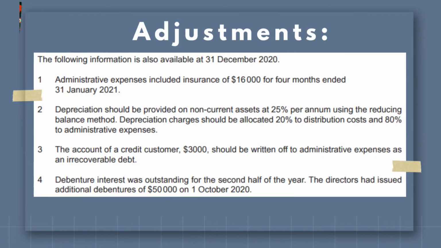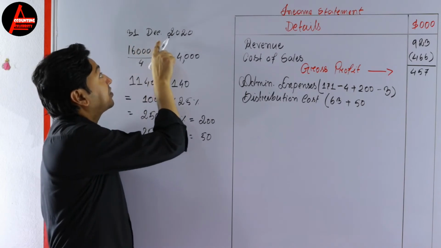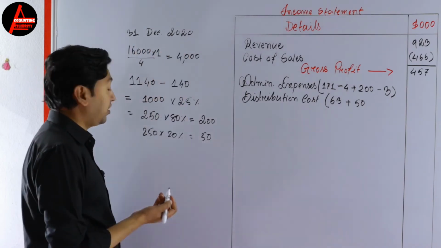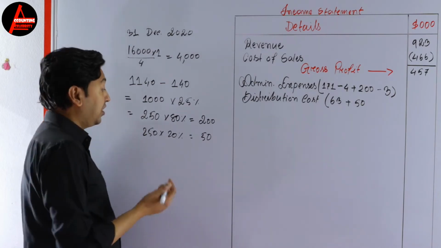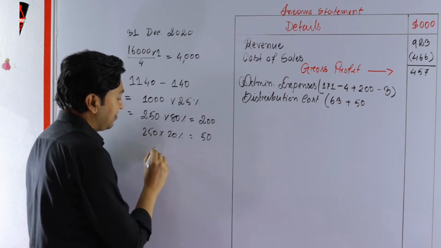Number 4, debenture interest was outstanding for the second half of the year. Directors had issued additional debenture of $50,000 on 1st October 2020. So our year ending is 31st December 2020, but on 1st October 2020, one more debenture is issued, and the price is $50,000.